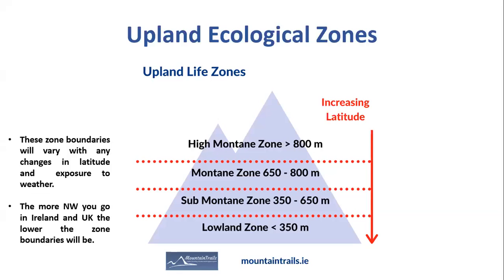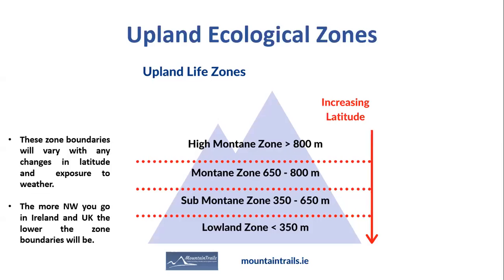So in Ireland, for example, if you were down, say, in the Knockmealdowns, then these zones may be slightly higher, so that the lowland zone might go up to 400 meters, the submontane zone might go up to 700 or 750 meters. And you may find down in that part of the world, you don't find any plants in the montane or the high montane zone at all.